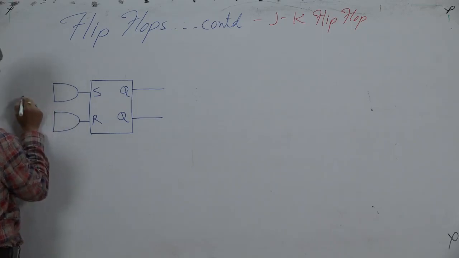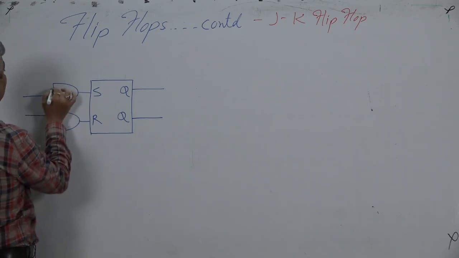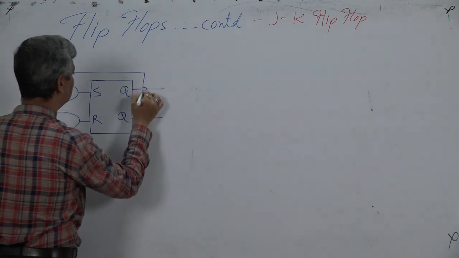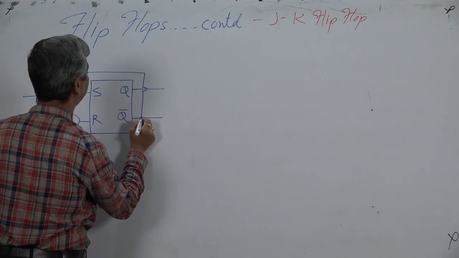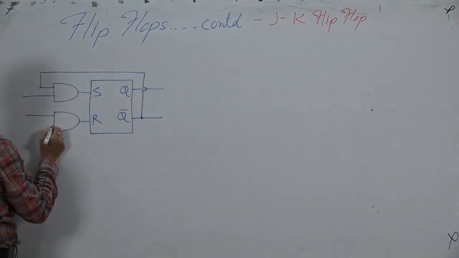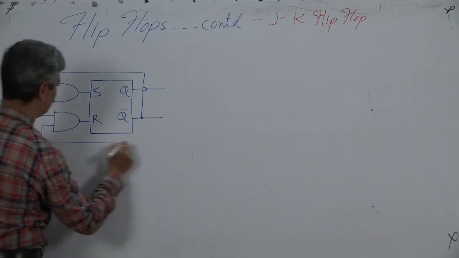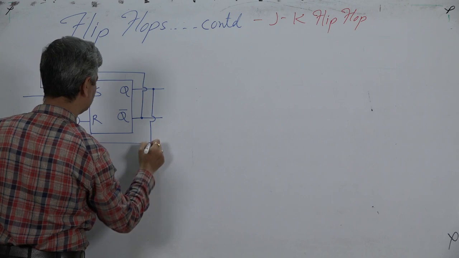So this one input we have here, the other input we have here, and this input we connect from the Q bar of the flip-flop, and this input we connect from Q of the flip-flop. It's quite interesting now.